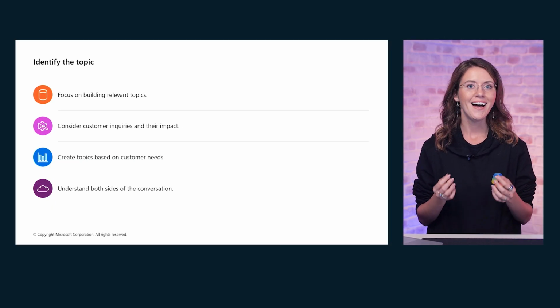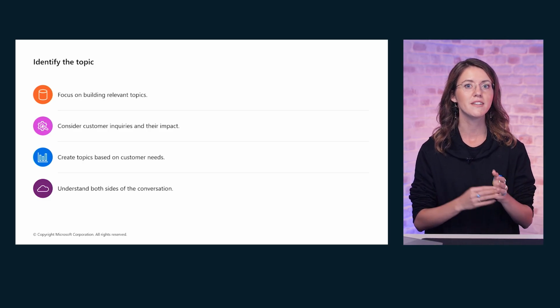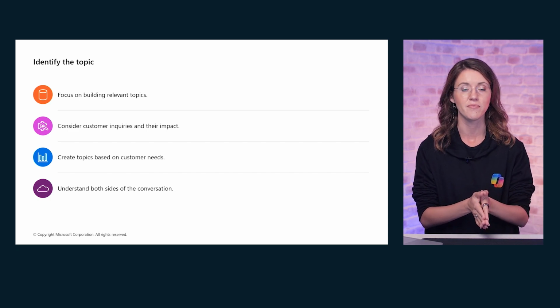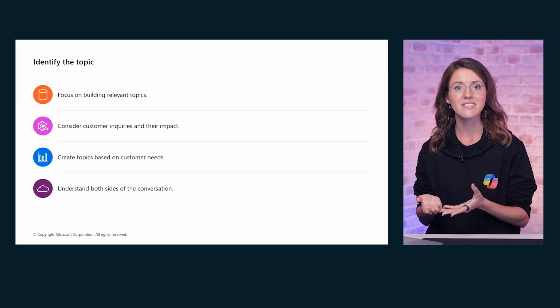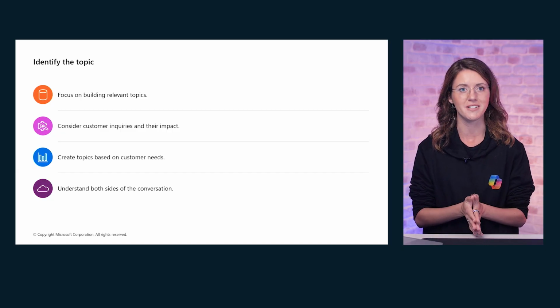For example, an organization building an agent to assist customers with purchasing products might want to create topics based on what their customers might need help with. By considering these factors, you can design more effective and customer-centric topics that enhance the overall experience.